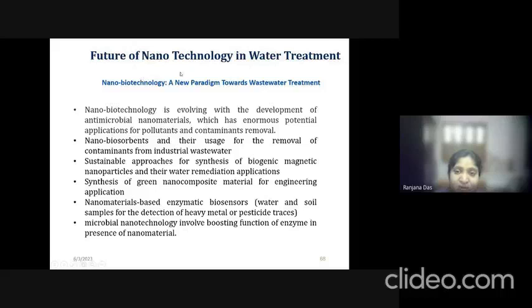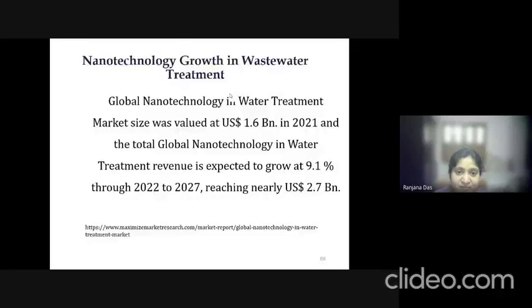So the future of nanotechnology is nothing but a paradigm shift to biotechnology, that is integration of nanotechnology with biotechnology. We can further improve this nanotechnological application for water treatment.